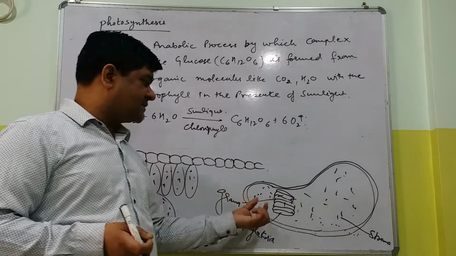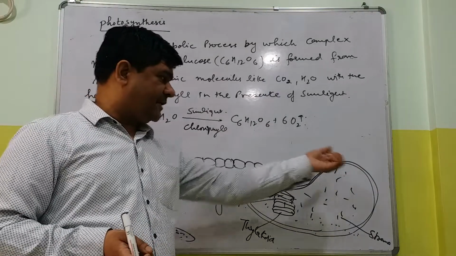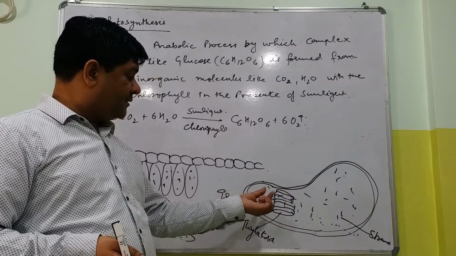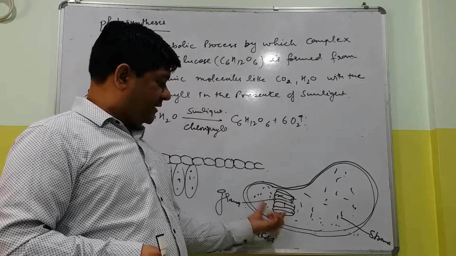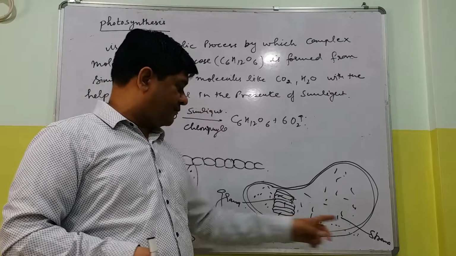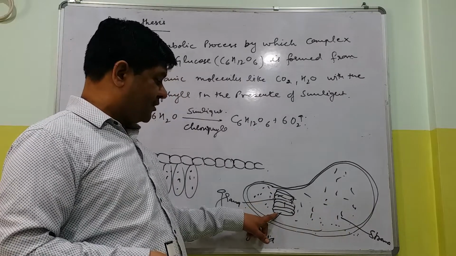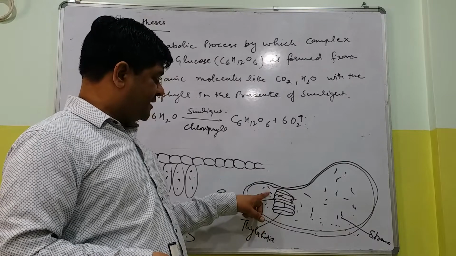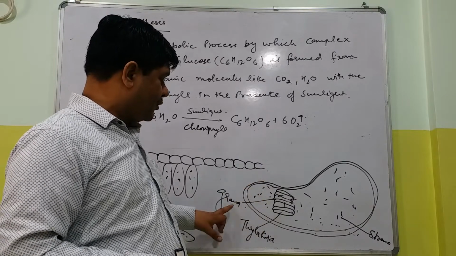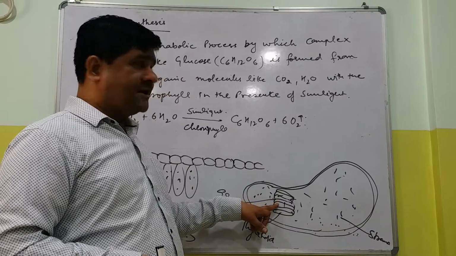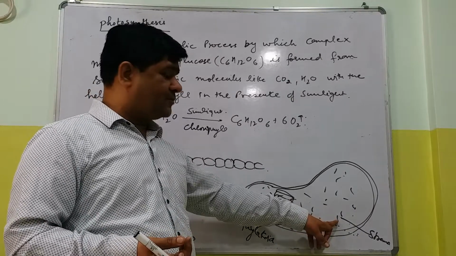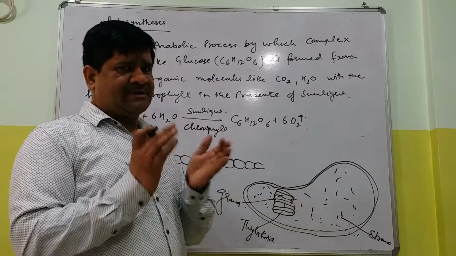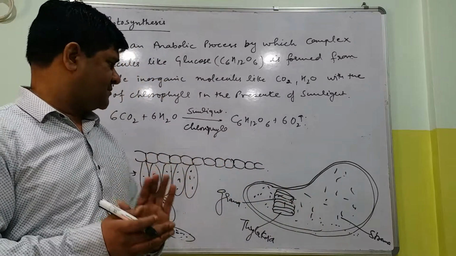These chloroplasts are double layer membrane structures, and they contain cytoplasm called stroma and sac-like structures called thylakoids. These sac-like structures form a group called grana. Inside the grana, light reaction takes place, and inside the stroma, dark reaction takes place. These are the two steps of photosynthesis.